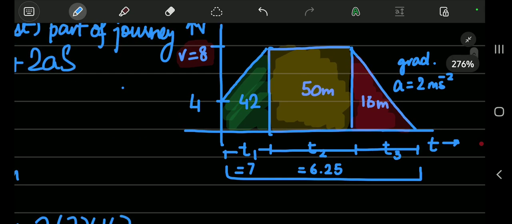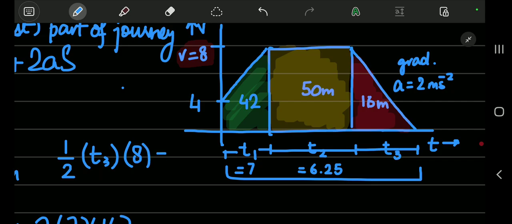T3. The third part of the journey represents a triangle. We know the area of a triangle to be half base into height. Base is T3 times height is 8, and the sum should be equal to 16. That is the area under the graph. That is the distance covered.